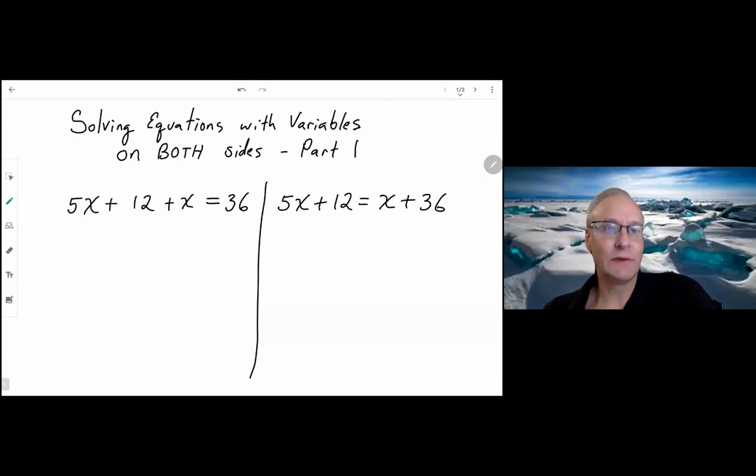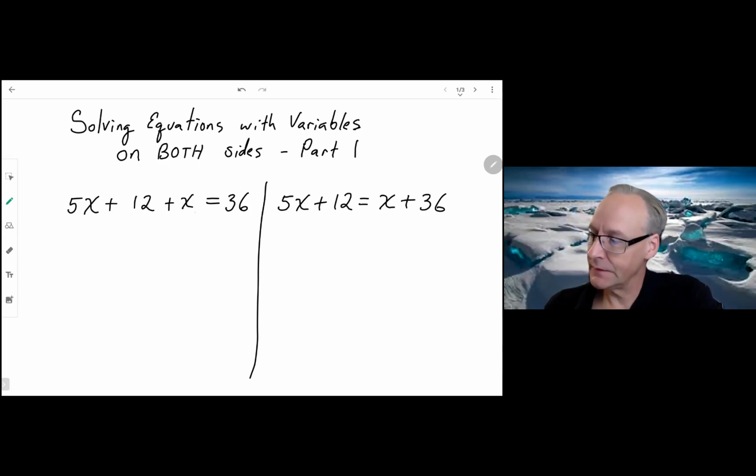Today, we're looking at solving equations with variables on both sides. And this is the most common mistake that students run into when they're doing this kind of problem. I want you to notice that these two equations are different. The equation on the right has variables on both sides of the equation, while the equation on the left has variables on one side.